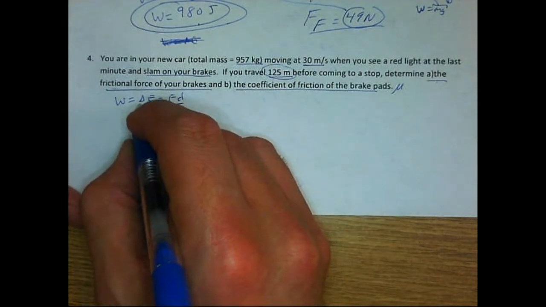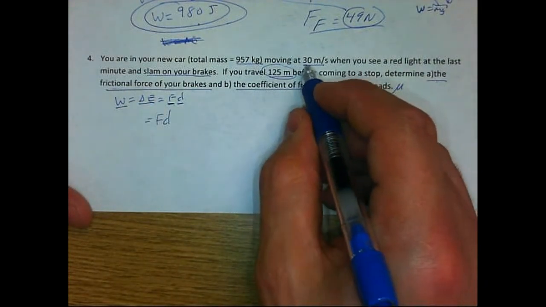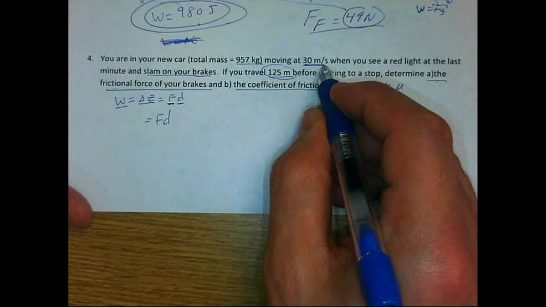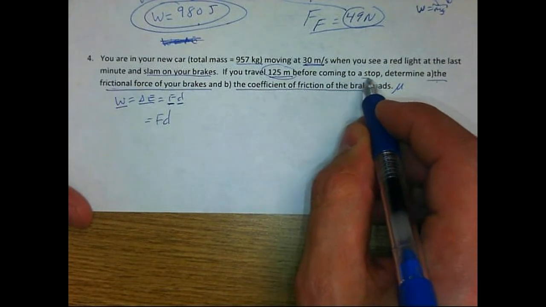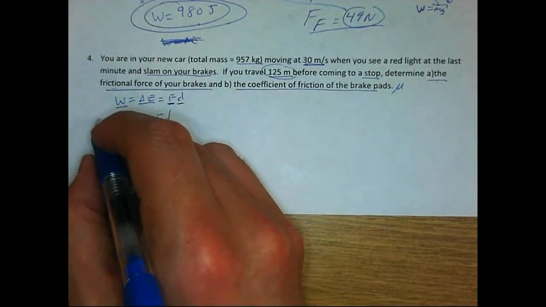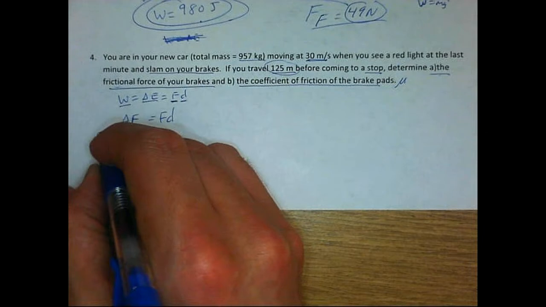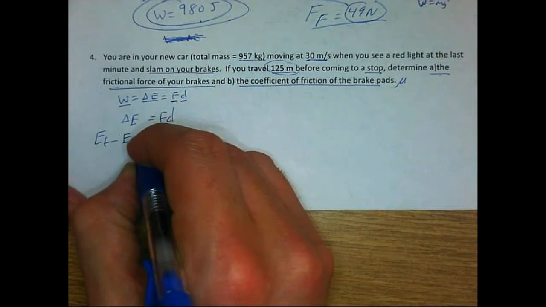And now the question is, do we use delta E or do we use work? Well, we know that we were moving at 30 meters per second, and we know that we eventually stopped. So we can calculate the change in kinetic energy. So this can be delta E, and delta E is final energy minus initial energy.